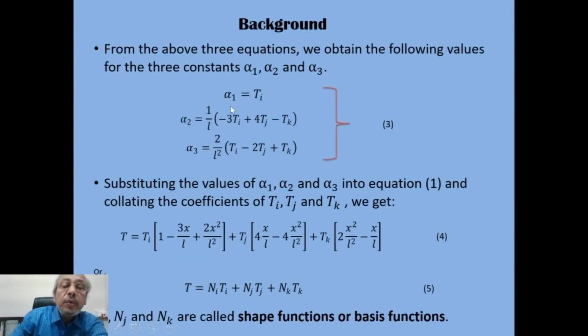So we finally get alpha 1 is Ti, alpha 2 is 1 by L multiplied by minus 3Ti plus 4Tj minus Tk, and alpha 3 is 2 by L square Ti minus twice Tj plus Tk. So alpha 1, alpha 2, alpha 3, these are found out.